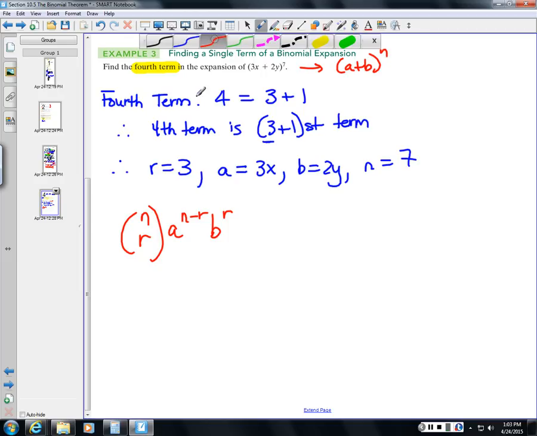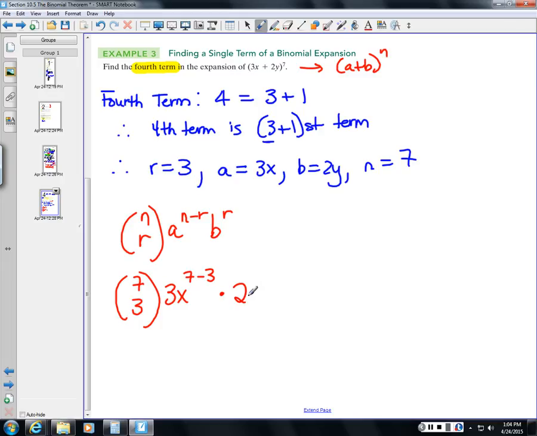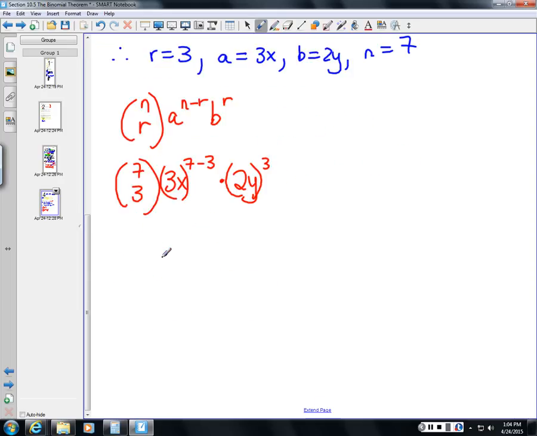So on this one, I'm going to have n is 7, r is 3, a is 3x to the n minus r, which is 3 power, times the b, which is 2y, raised to the r power, which is 3. So we've got the b to the third power, the a to the n minus r power, and now we're ready to work just this one.